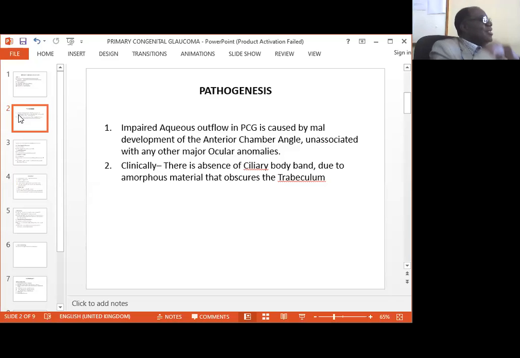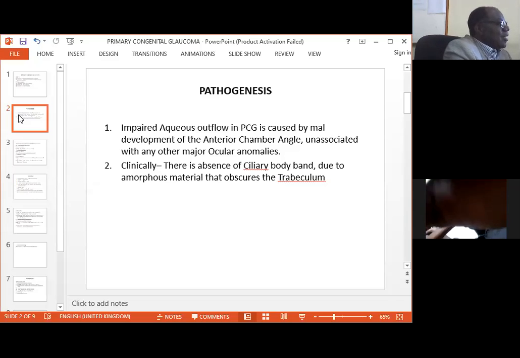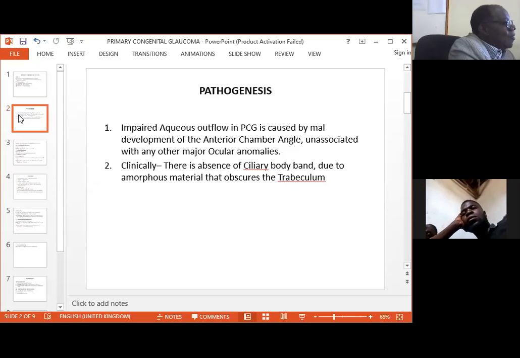Then the aqueous is drained in the angle of the anterior chamber. So in congenital glaucoma, there is maldevelopment and poor development of the angle. Fluid may come, but it's not being drained appropriately away.